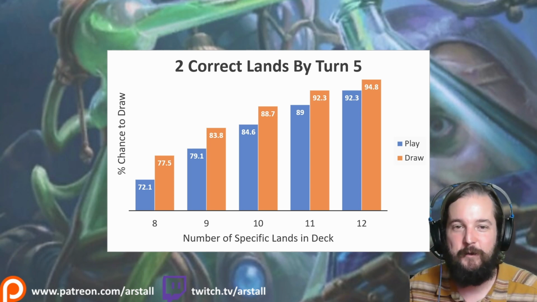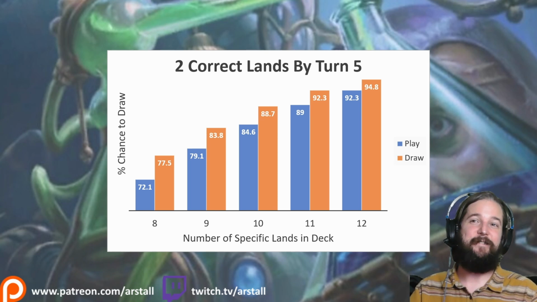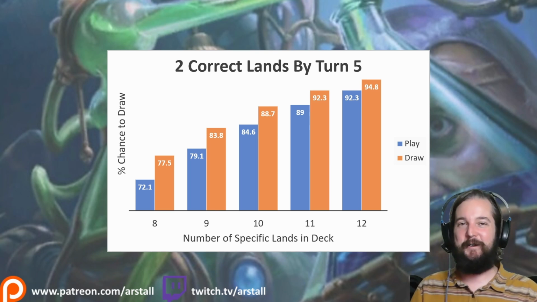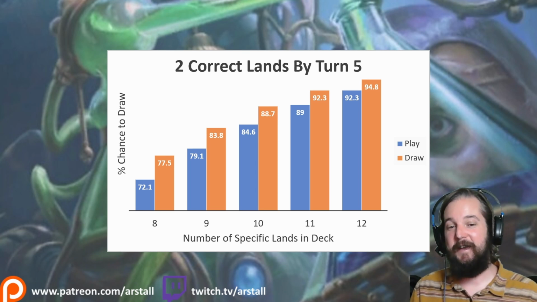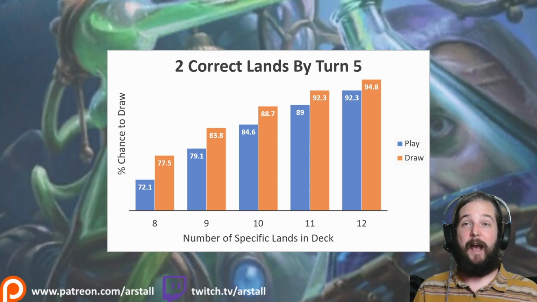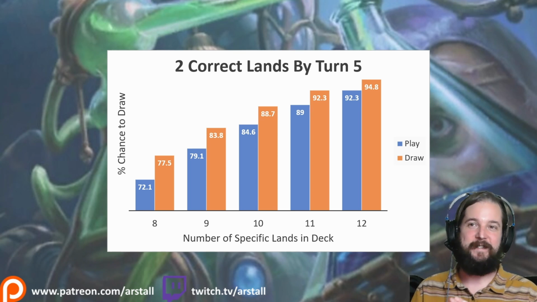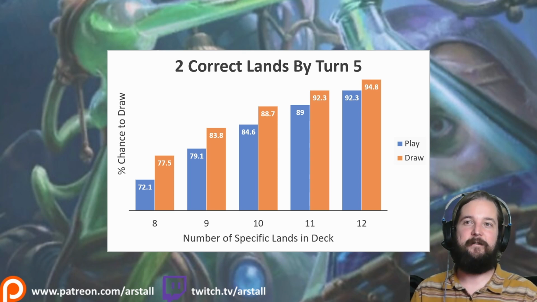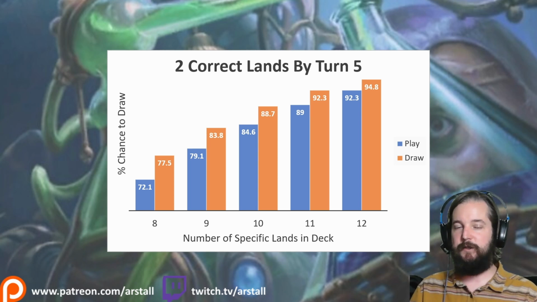When you have a total of 15, it gives you an 85%, which, at turn 5, is not as important as curving out on turn 1. But you can start to see just how incredibly difficult it is: if you wanted a 90% confidence that you were going to be able to play your double pip card on turn 5, you would need more like 11 sources in your deck.